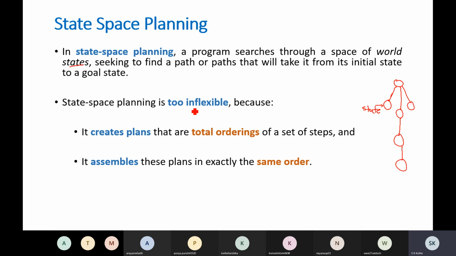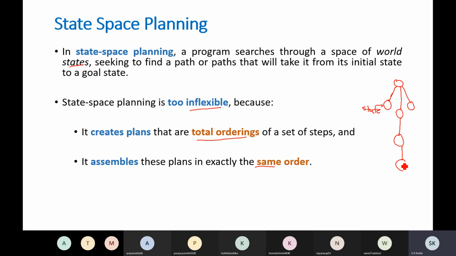This state space planning is not flexible because the plans generated in state space planning are totally ordered, and it assembles these plans exactly in the same order.